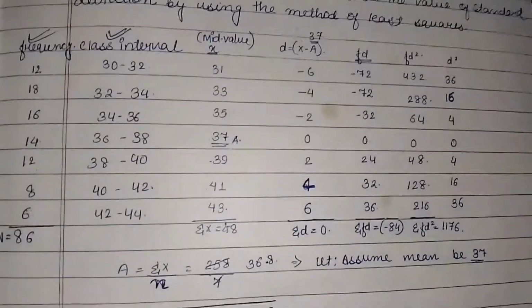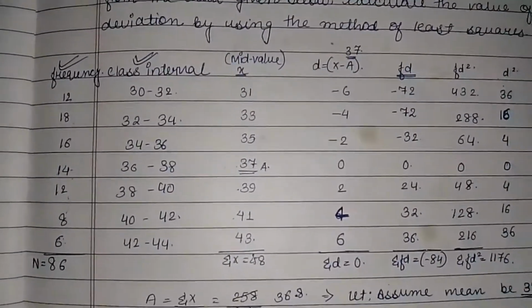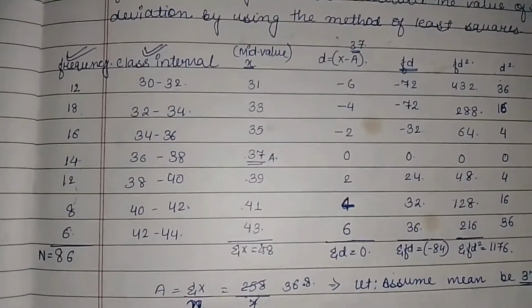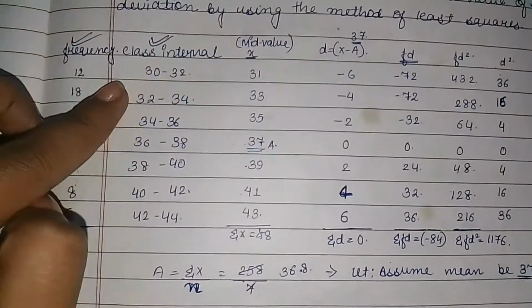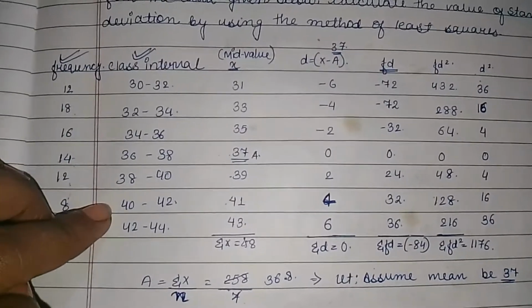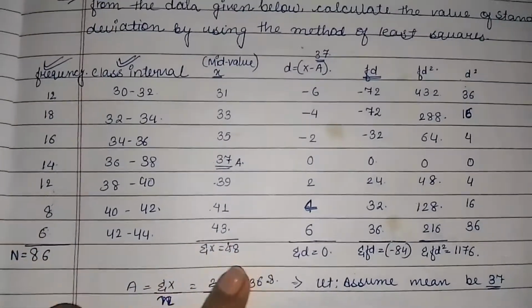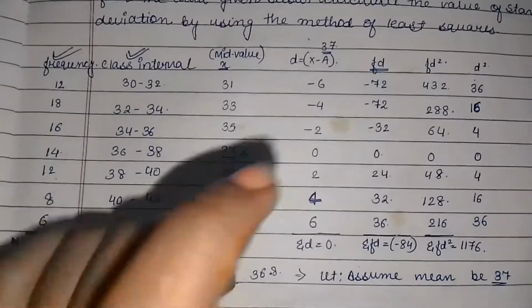So we have to calculate the mid value x: 31, 33, 35, 37, 39, 41, 43. Summation of mid value is 258.